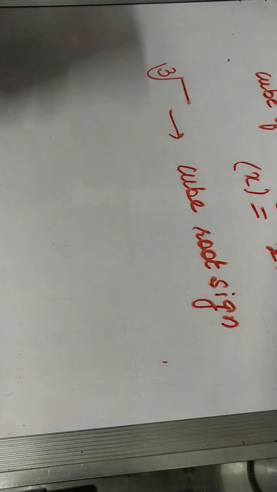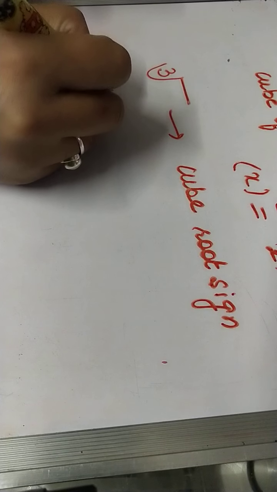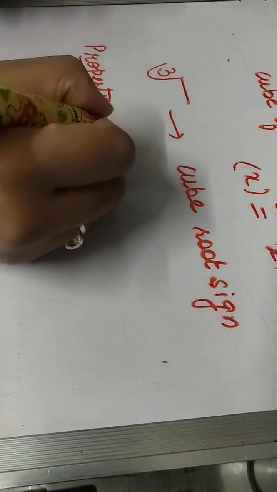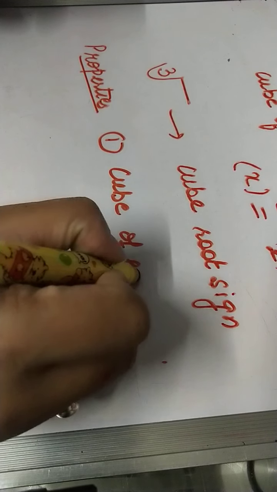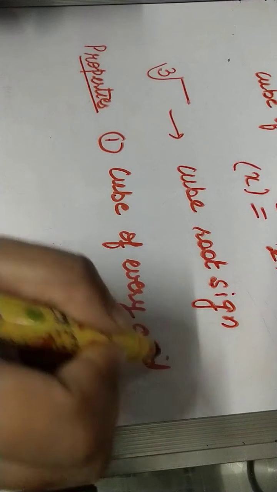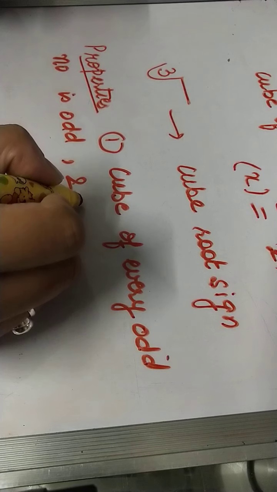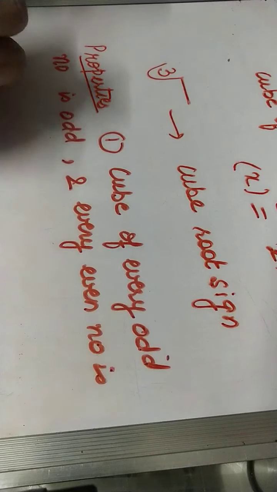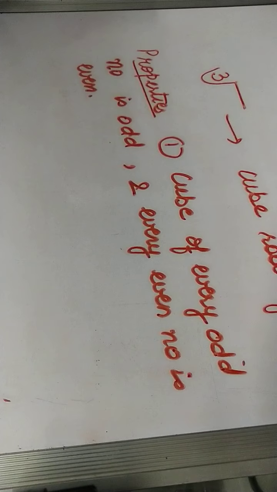So, the first property of the cubes of numbers is: cube of every odd number is odd, and every even number is even. Cube of every odd number is odd, every even number is even.